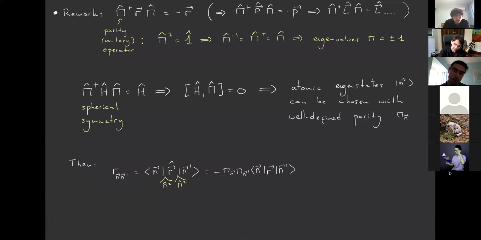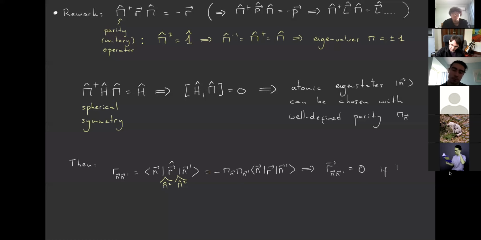So this automatically means that if the parity of n and n' is the same, therefore this sign overall is a minus, okay, because you will have plus plus that gives you plus, or minus minus that gives you plus, and then a total minus. Then this matrix element will be equal to 0, because we have something equal to minus something.